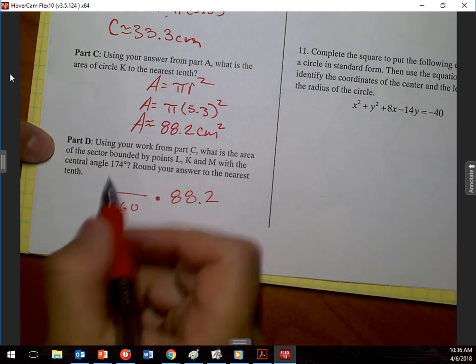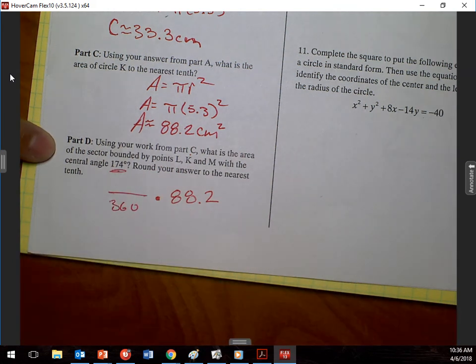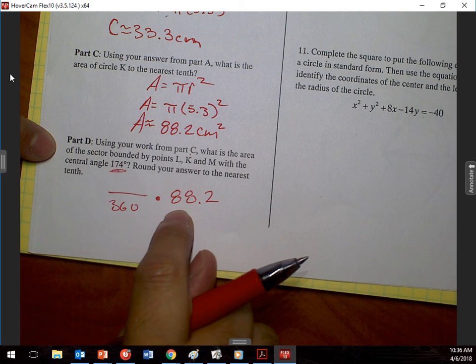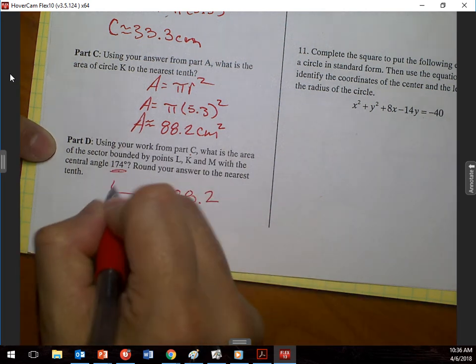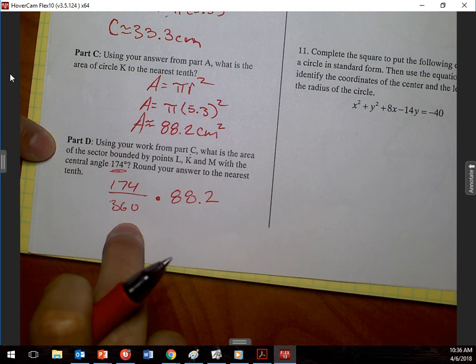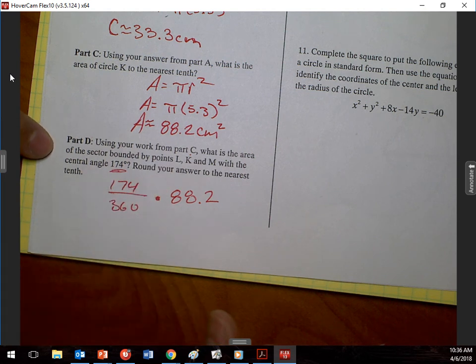So this is going to be times, and they gave it to me in degrees, so that's why I'm doing this one in degrees. You could do all the math over again, or you could just take my area and multiply it by the fraction. It should be 174 over 360, because the 360 is a whole and 174 is just the piece that I have.